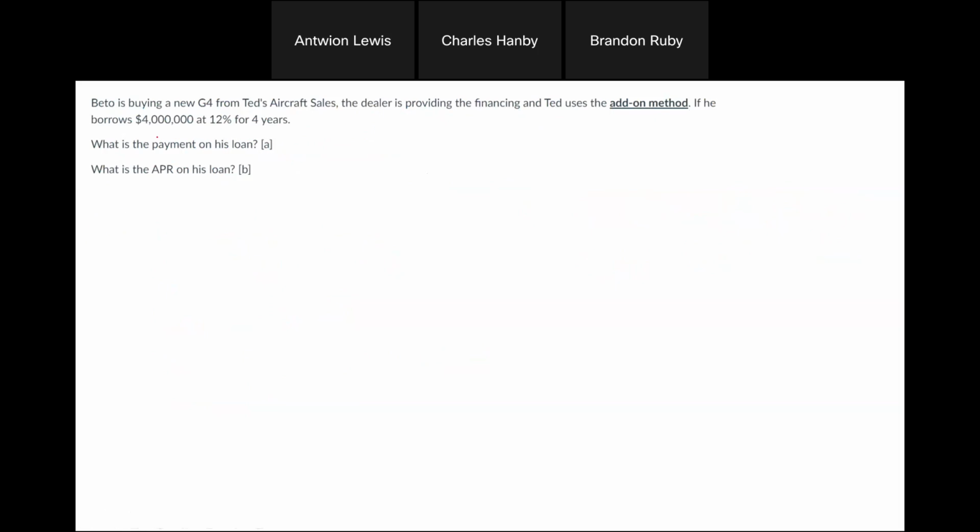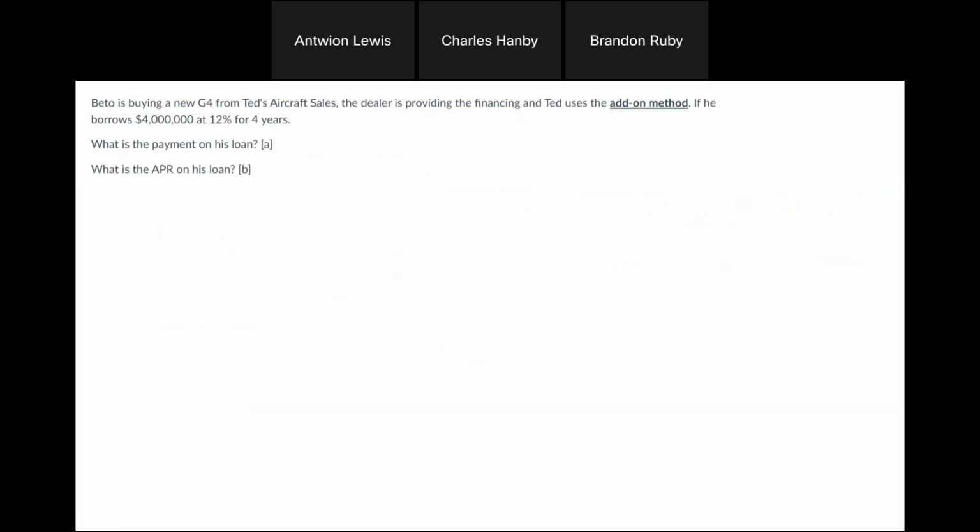If he borrows $4 million at 12% for 4 years, what is the payment on the loan? These loans literally don't give you any credit for amortizing principal, basically.